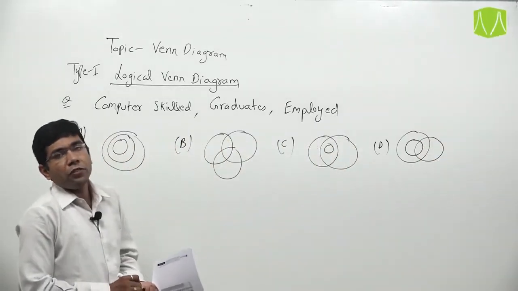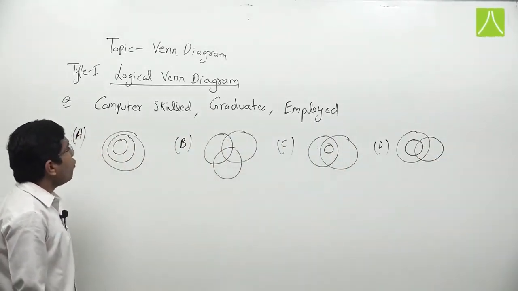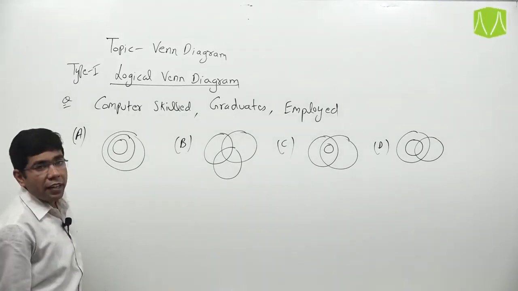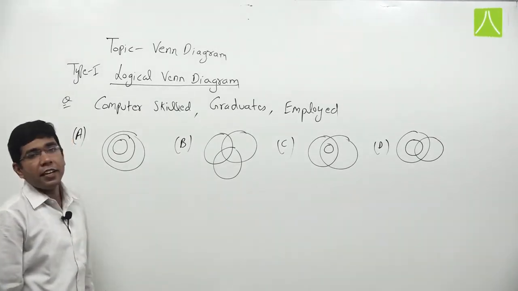Now, we have to define what will be the Venn diagram for the computer skilled graduates and employed person.